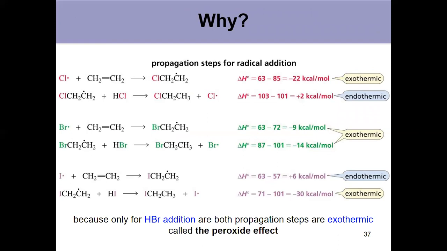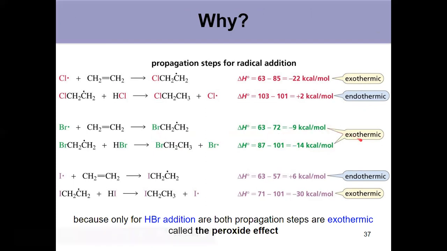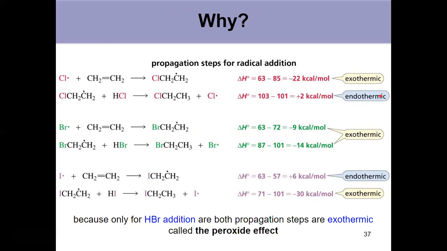And the reason for that, right, if we look at bromine, both of those reactions are exothermic, whereas with iodine or chlorine, you see that one of them is endothermic. So the fact that with bromine, both of the propagation steps are exothermic, that's kind of driving these things forward. It encourages propagation because your propagation reactions are always competing with your termination reactions.